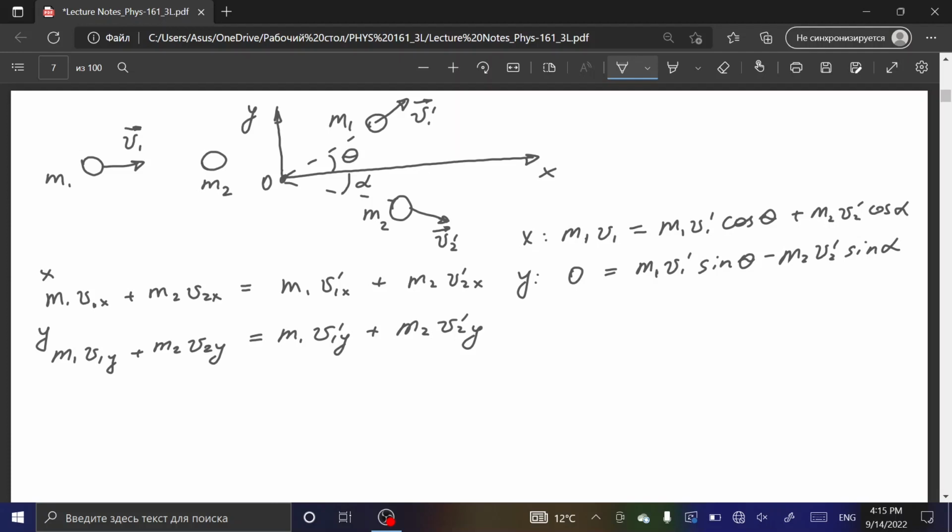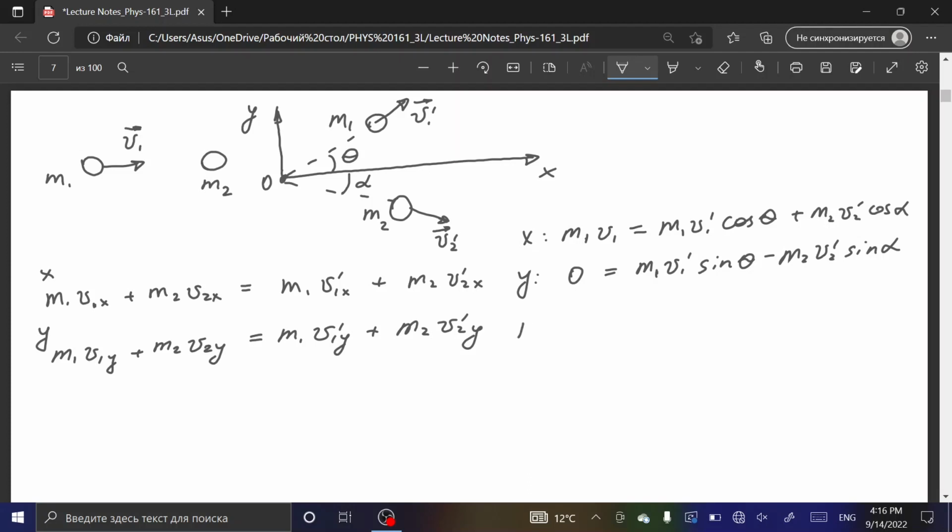And on top of this, if we consider that this is an ideal elastic collision, we can also write the equation which stands for conservation of kinetic energy. So kinetic energy before collision should be equal to kinetic energy after collision, since we assume that the deformations of the objects during collision are negligible.